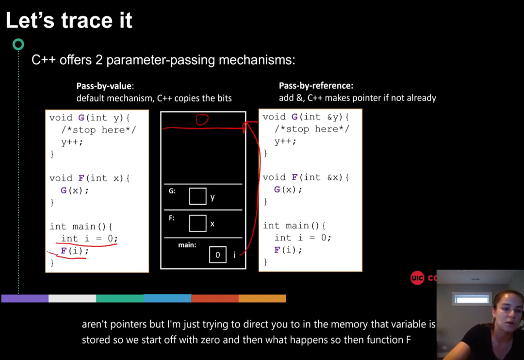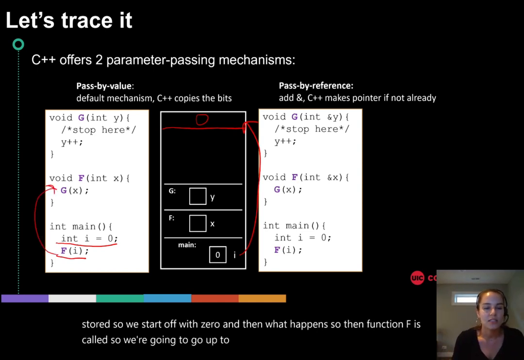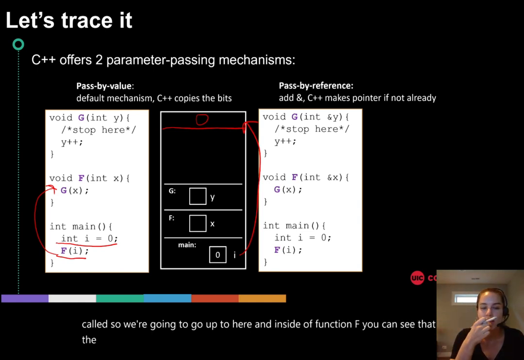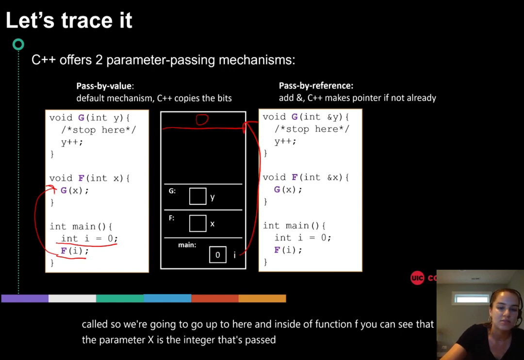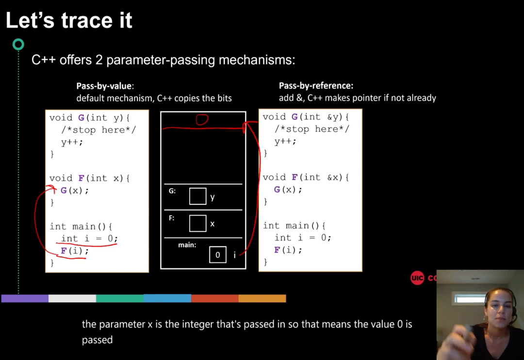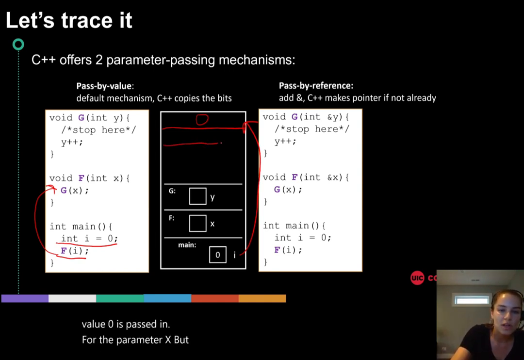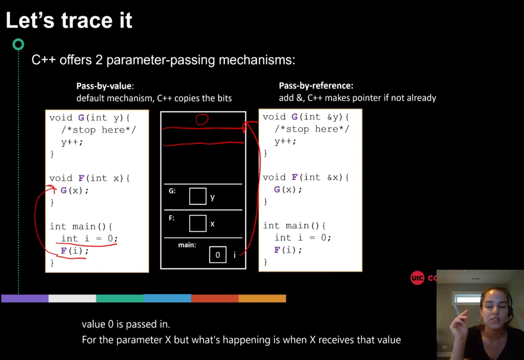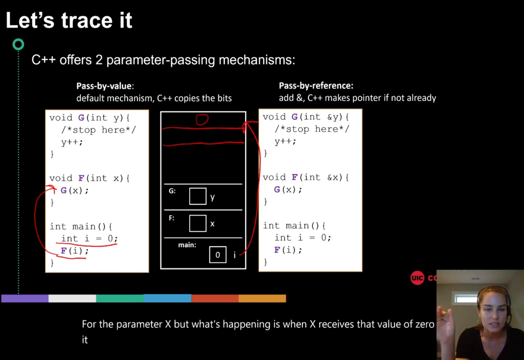So we're going to go up to here, and inside of function f you can see that the parameter x is the integer that's passed in, so that means the value 0 is passed in for the parameter x. But what's happening is when x receives that value of 0, it doesn't have direct access to that value.